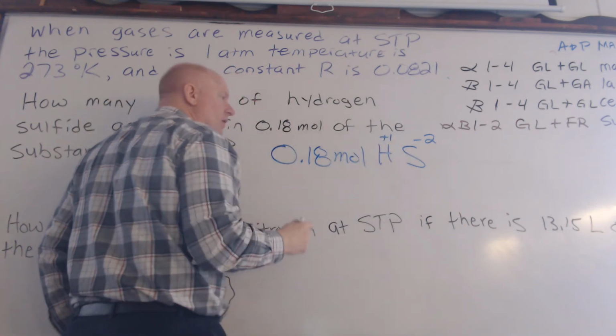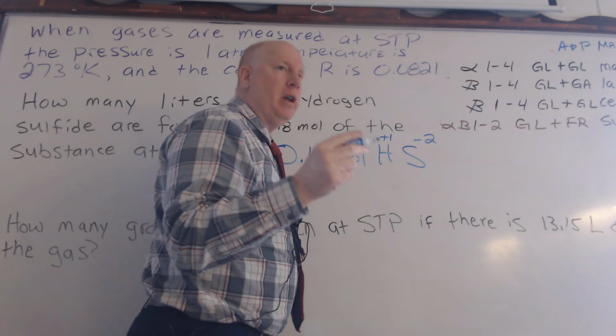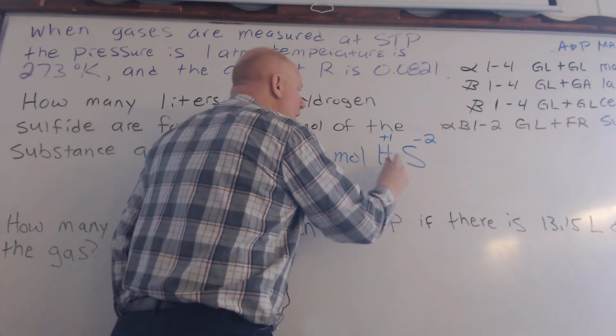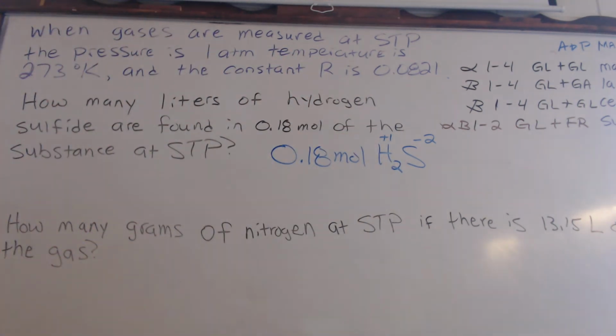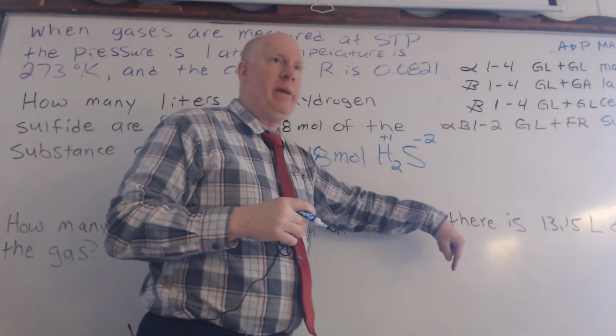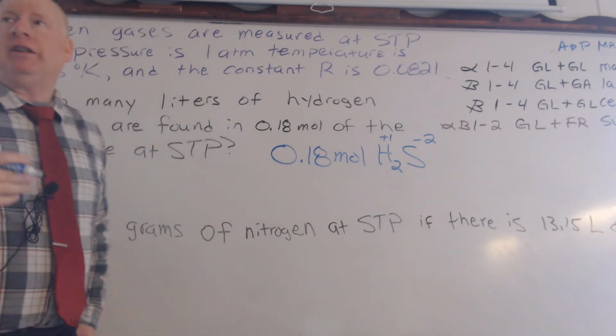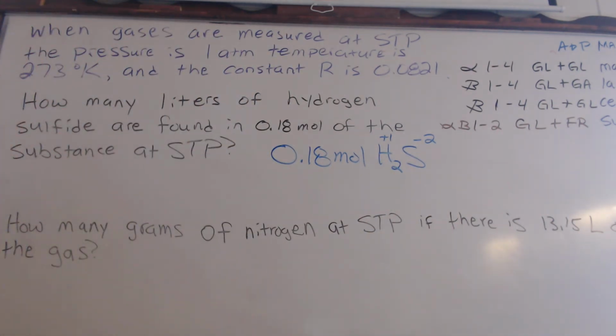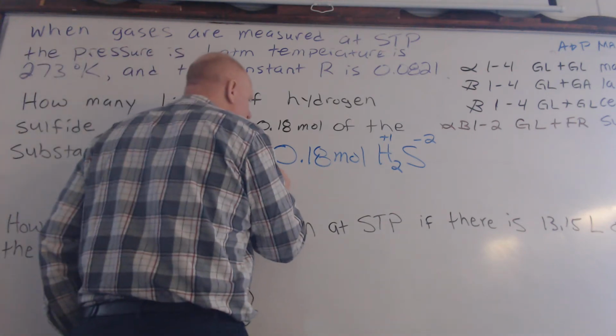Does that add up to 0? H2S. Okay? Although you're not looking for a mass in this substance, if you were, you would have to have this formula correct. In the bottom one, you're looking for a mass. So this idea of writing out formulas is not done yet.